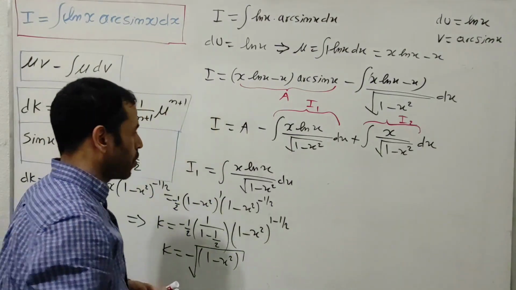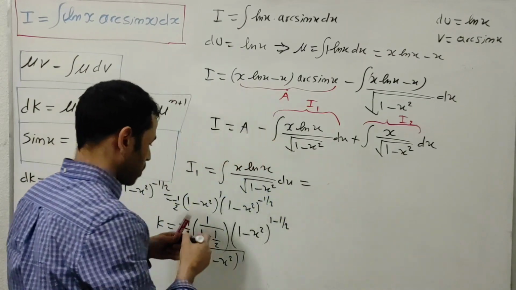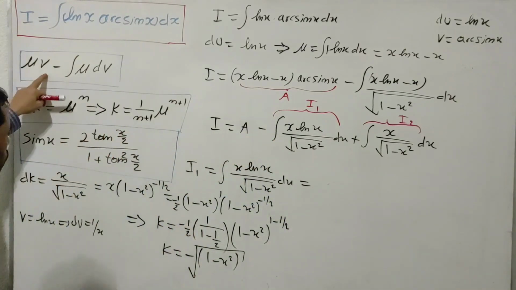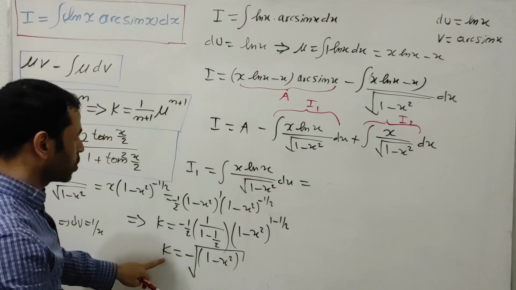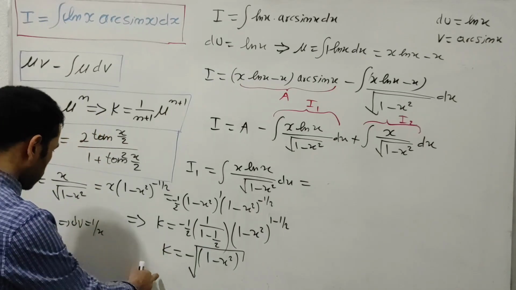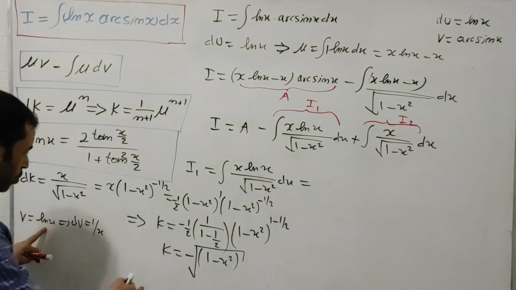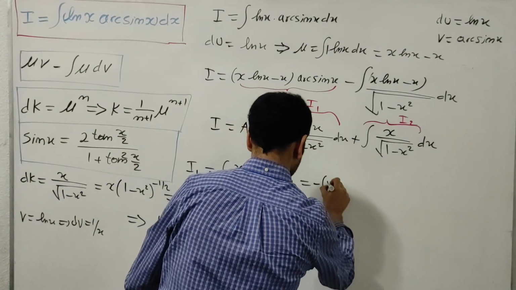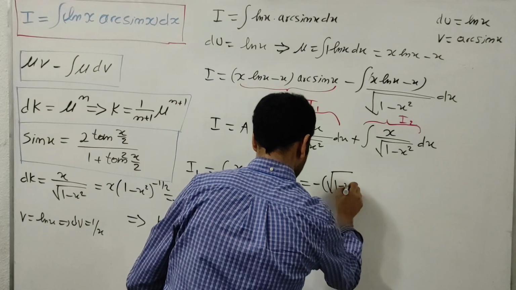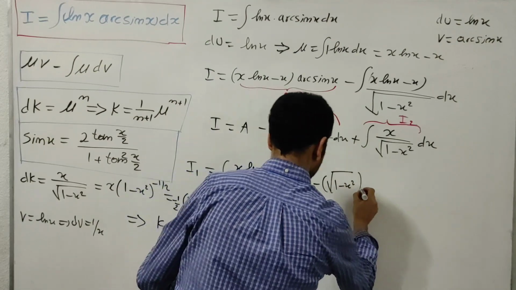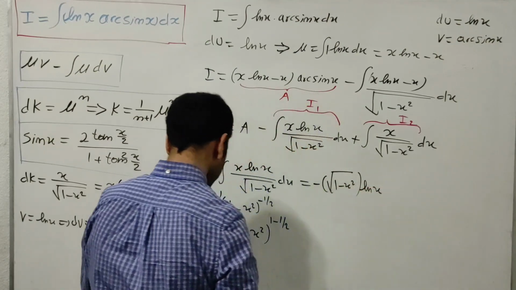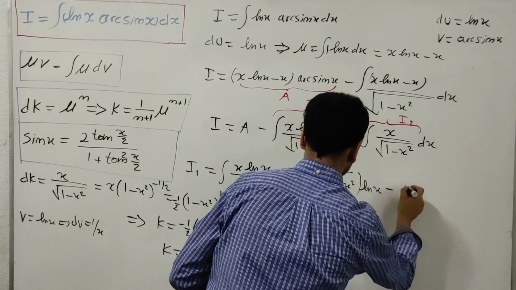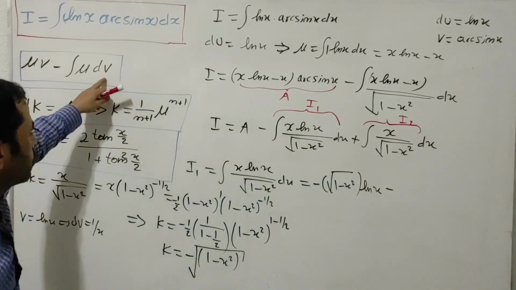I'm going to apply integration by parts. By applying this one, uv, which has k multiplied by v, we'll have natural log of x multiplied by k. I will have minus square root of 1 minus x squared multiplied by natural log of x, minus the integral of u dv.